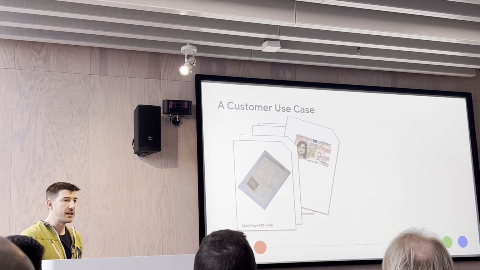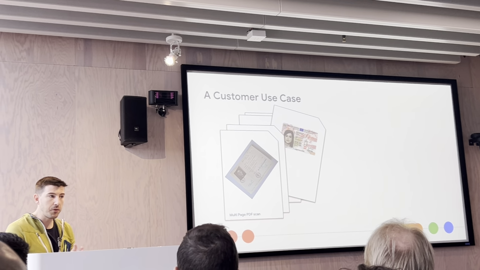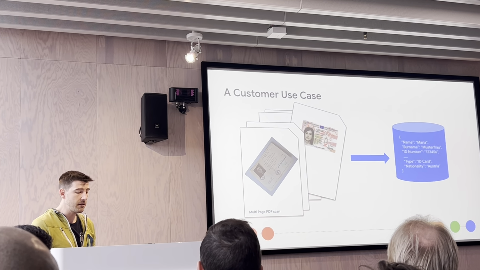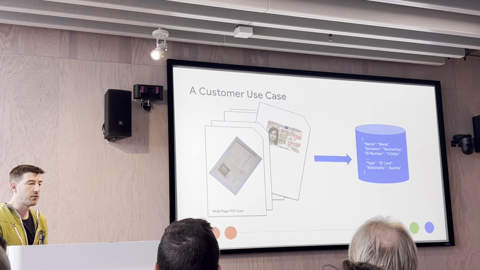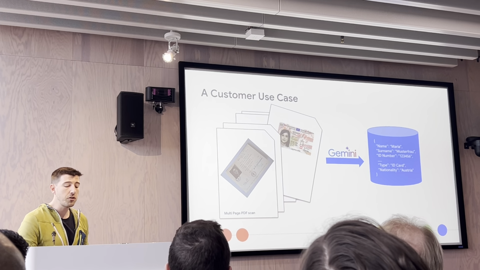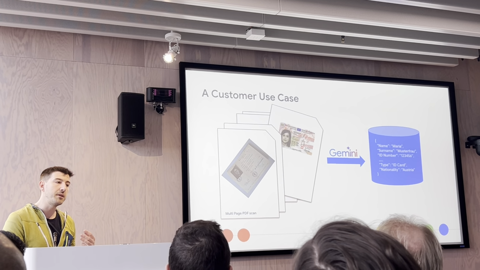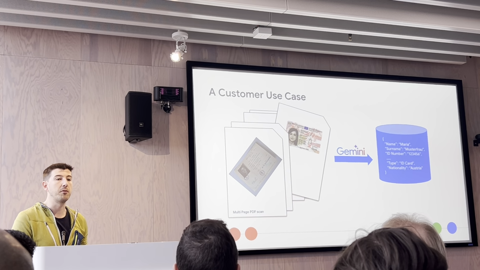Imagine a multi-page PDF document, on average 20 pages per PDF, and they want to extract structured data out of those embedded or displayed images. And it turned out that Gemini, especially Gemini 2.0 Flash, is very capable of doing that.